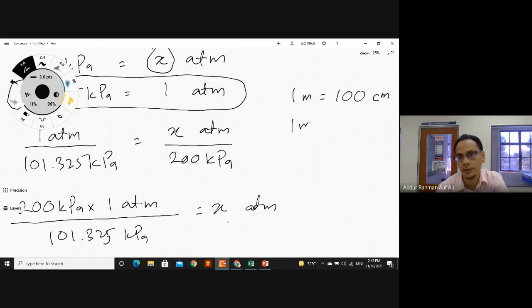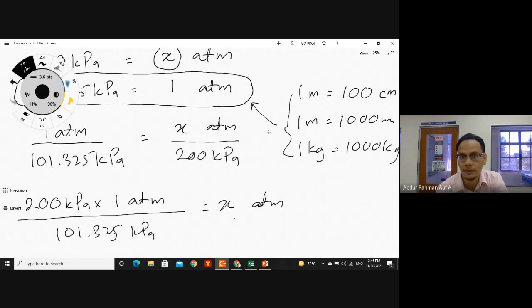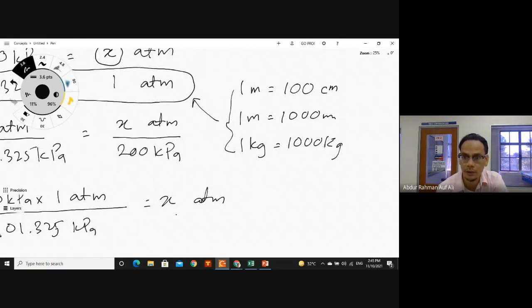Okay, 1 meter equals 1000 millimeter. 1 kilogram equals 1000 gram. So this is basically what it means here. Okay, the relationship between the bigger and the smaller unit.